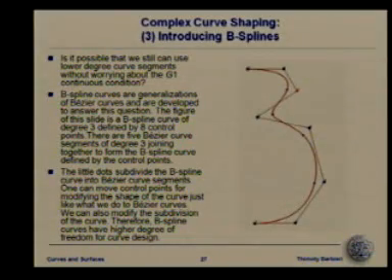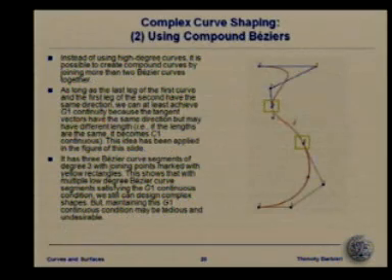I do that by starting from the idea of compound Beziers over here. The points in which I would like to join my simple Beziers to form a compound Bezier, I define by defining special values of the parameter in which I want to separate the domain of the curve.